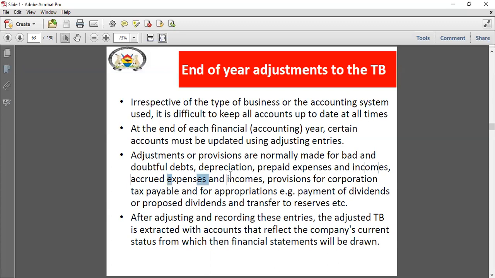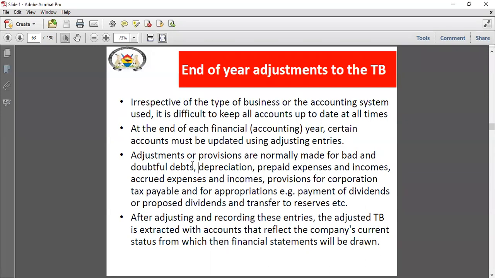Now, these adjustments are usually in different forms, and some of these could be providing for bad and doubtful debts. What happens with bad and doubtful debts is cases where you have sold some goods to some people and you expect that they may not be able to pay you. So you go ahead to provide for these bad and doubtful debts.